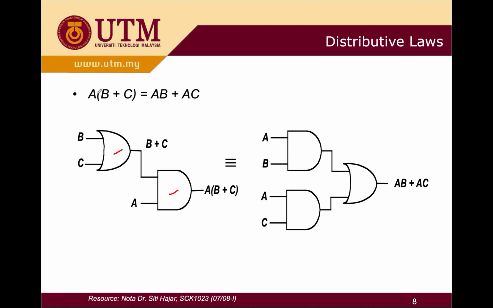Because you have over here only a dot like this, you will have A dot B plus C. So what happened over here, to give you the example, I drag it here, you will have the AND gate.